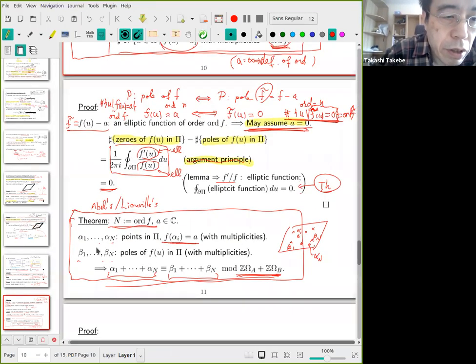And the last theorem we proved is that the sum of solutions of this equation and the sum of poles of this elliptic function are equal up to an integral linear combination of periods.